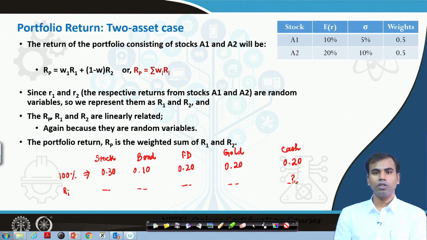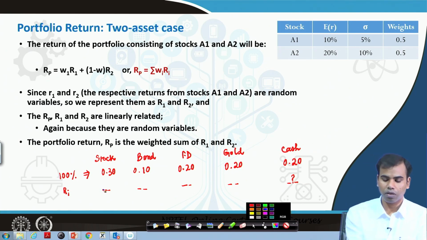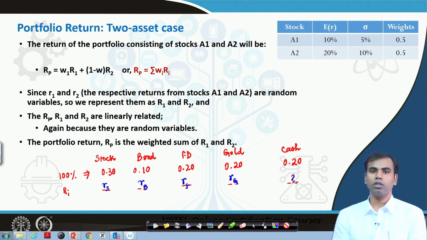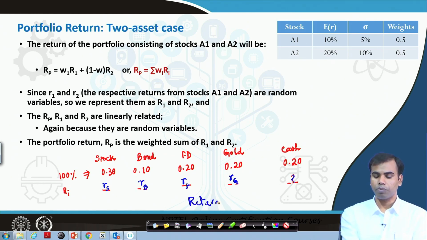Other investment avenues might be giving you some return. So, if you have the return on stock, return on bond, return on FD, return on gold, and any return at all on cash, you can combine these with the associated weights for each of the investments and calculate the portfolio return using this approach.